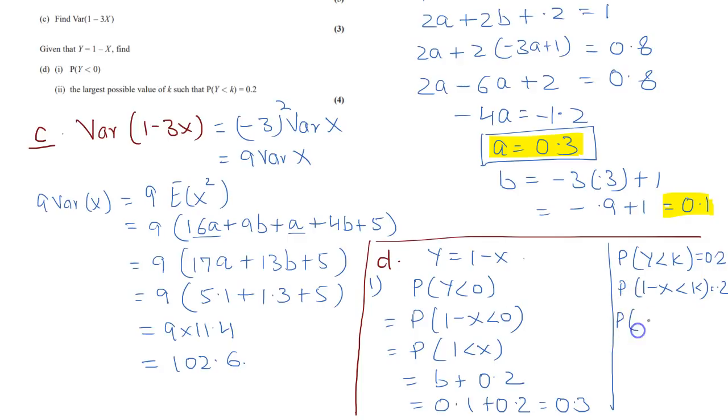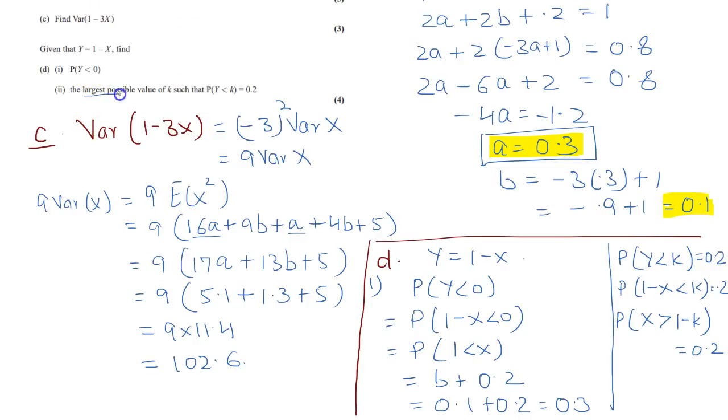So X will be greater than 1 minus k, with probability 0.2.